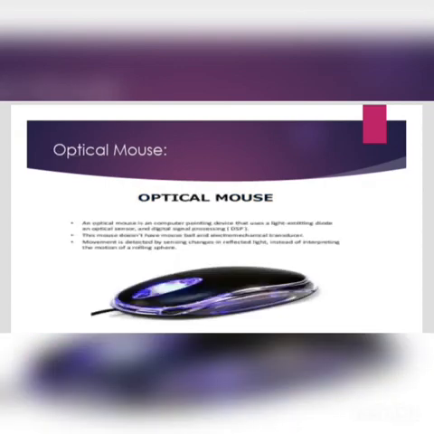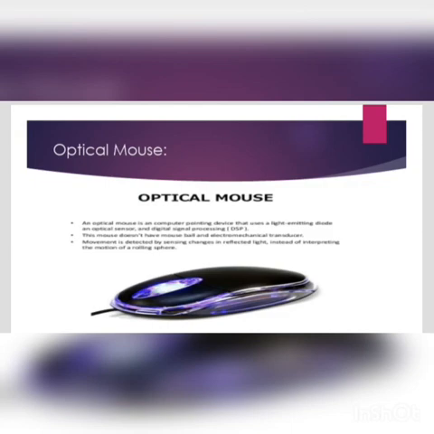First of all, we will discuss the optical mouse, and how we will recognize this type of mouse. The key feature to recognize an optical mouse is the attachment of a wire with the mouse.